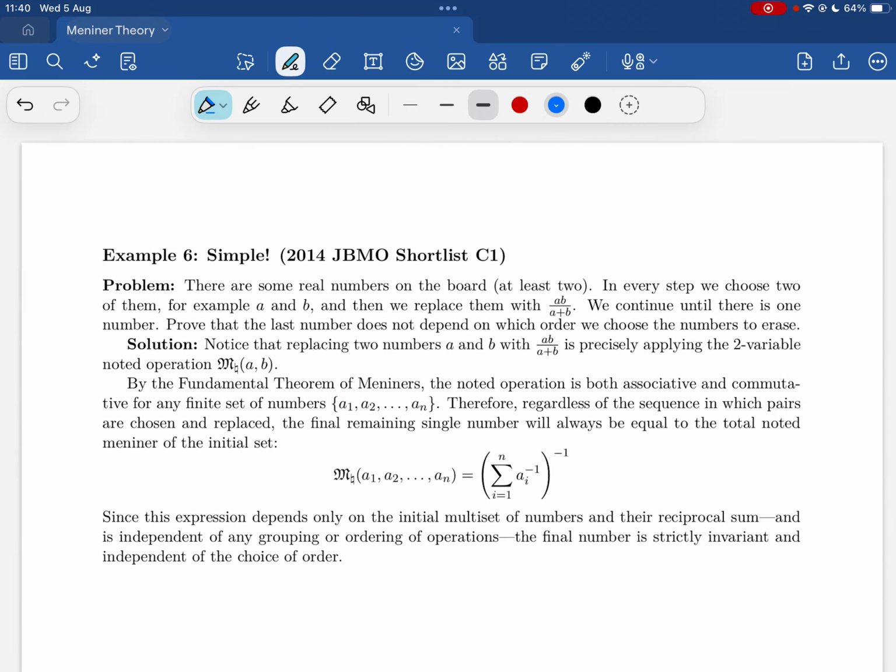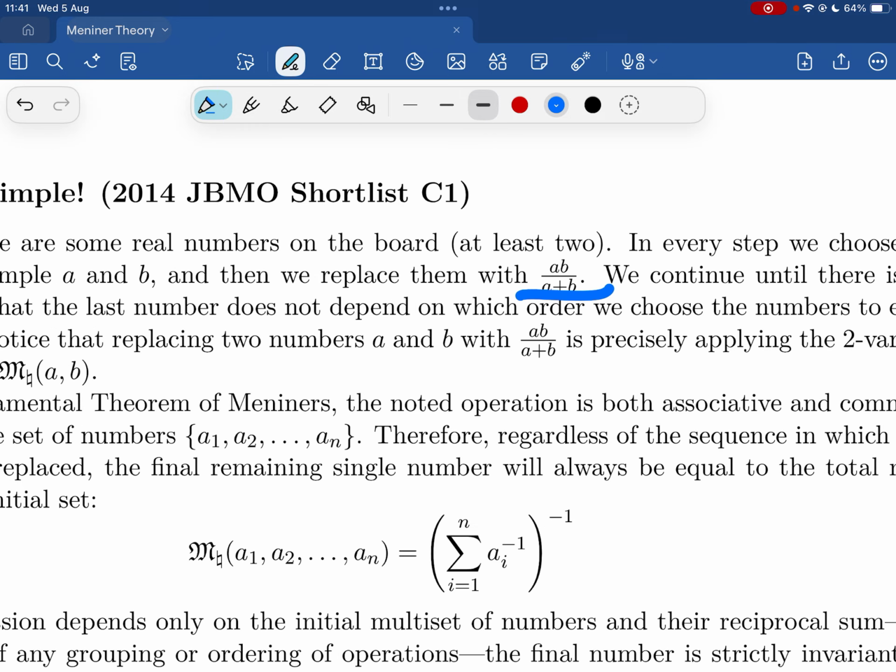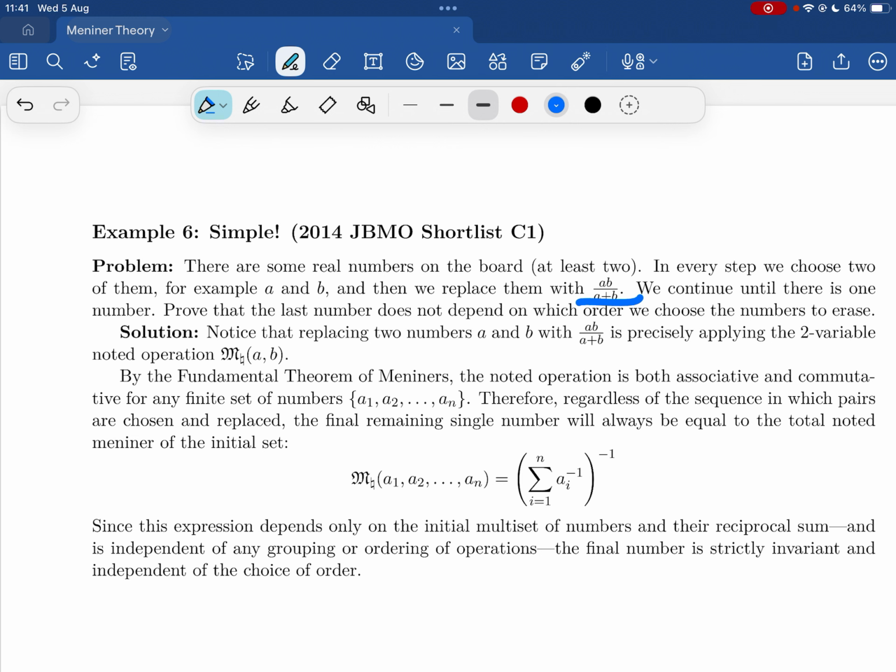And here we are trying to prove a 2014 Junior JBMO Shortlist problem from Combinatorics 1. And here it's essentially telling us we note 2, and then we want to prove that the last number is invariant. And this is probably one of the most trivial problems you can solve using notes and Meniners. And you can now say that you can solve a 2014 Junior JBMO Shortlist C1 in 2 lines.